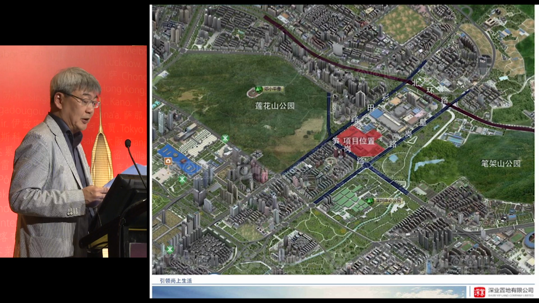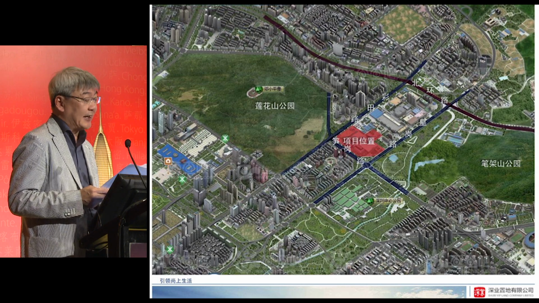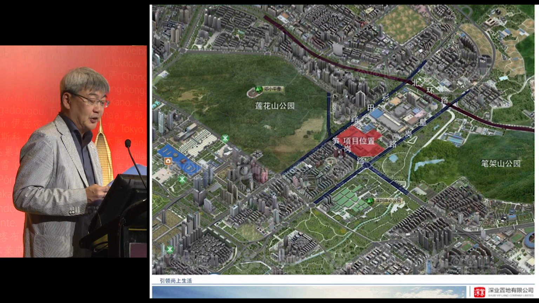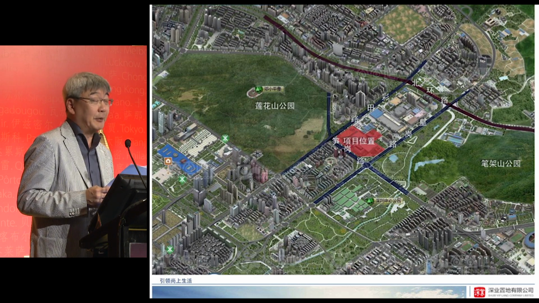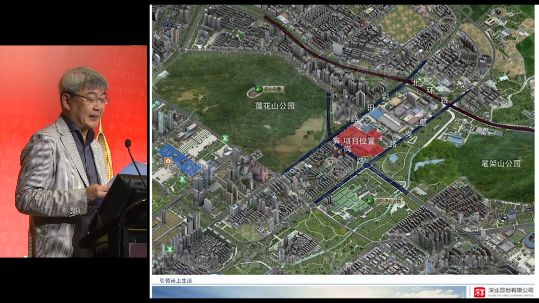The Shenzhen Upper Hills is located next to 2 parks, the Lotus Park and the Bijiashan Park. Actually, the lot is right in the middle of these 2 parks.